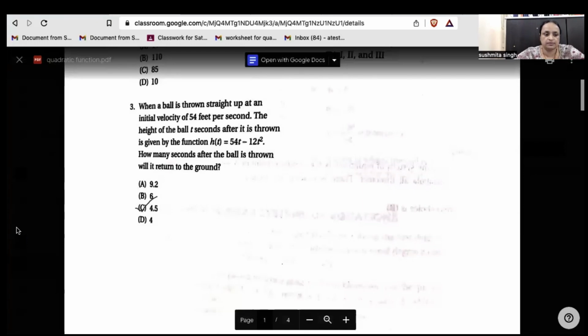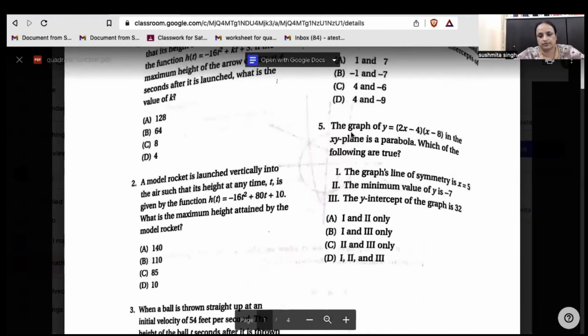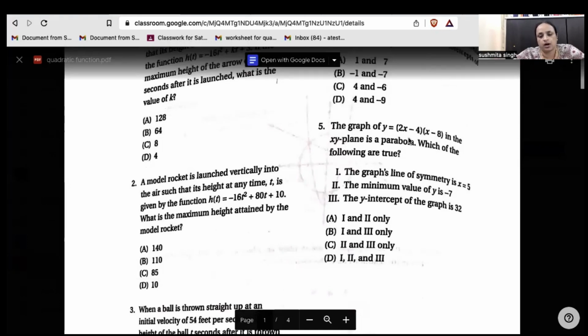Now similarly, over here, the graph of y = 2(x - 4)(x - 8) in the xy-plane is a parabola. So we have to find which of the following is true.